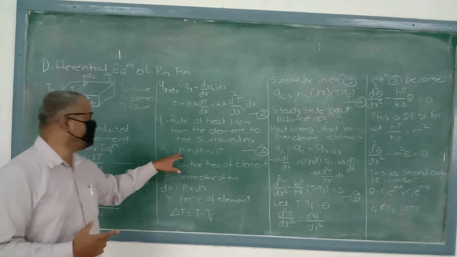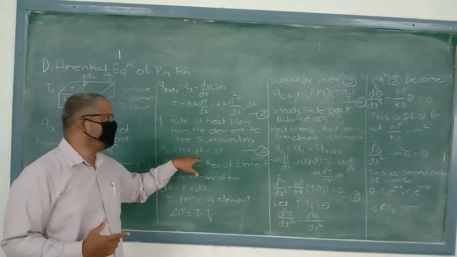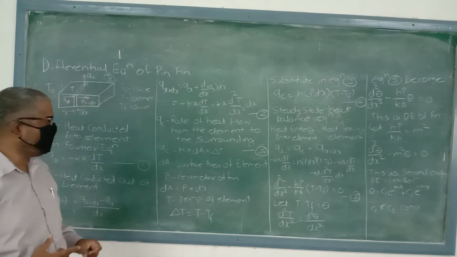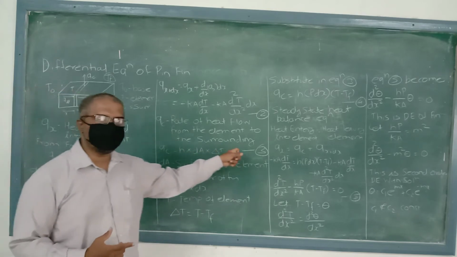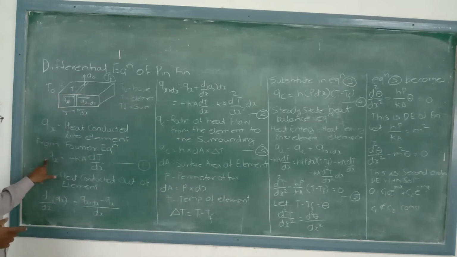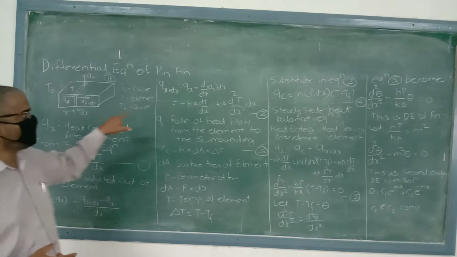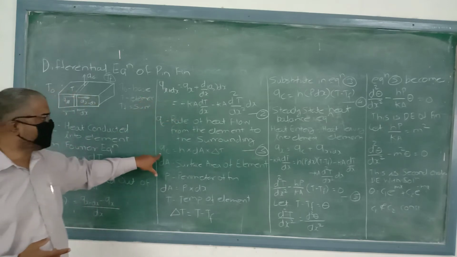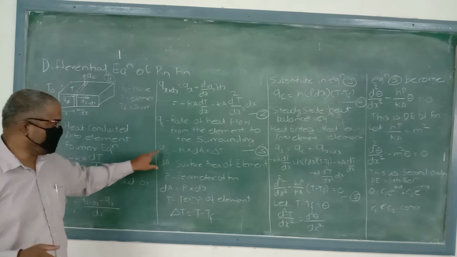So we write h into dA into delta T. This is the Qc we got, and we are calling it equation number 3. So in equation number 1 we got Qx, in equation number 2 we got Qx plus dx, and in equation number 3 we got Qc.